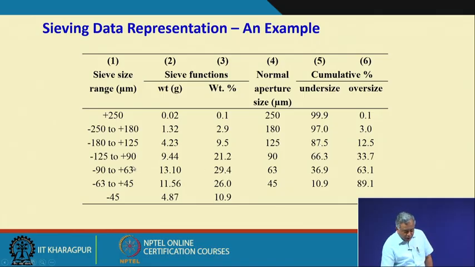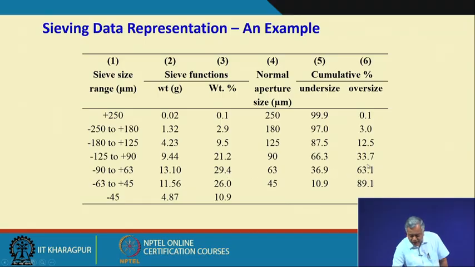Likewise, I can also calculate it for 63, if I have a single sieve of 63 micrometer. What percentage of material will be retained? I have to add 0.1 plus 2.9, that is 3%, plus 9.5 is 12.5, plus 21.2 is 33.7, plus 29.4 is 63.1.